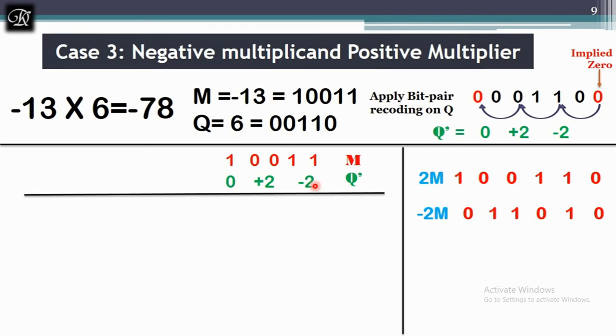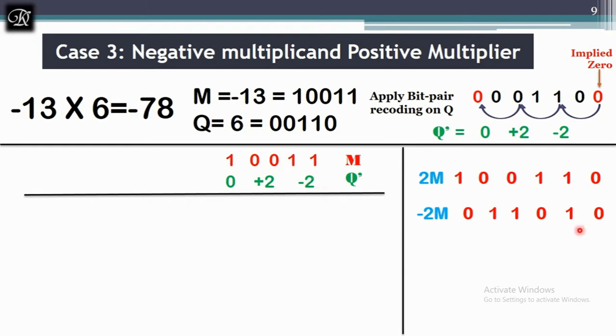So that is why you can see I have written for negative 2m, minus 13 into minus 2, it is positive 26. Now negative 13 into positive 2 is negative 26. These are the changes I made, because when you multiply negative into negative, the answer will be positive, and when you multiply negative into positive, the answer will be negative.